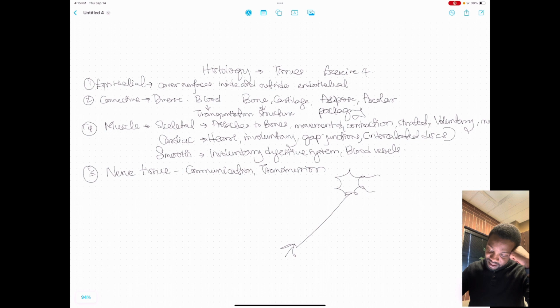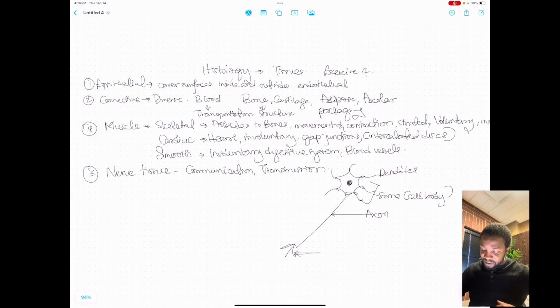You've got the dendrites, which receive information. You've got the soma, which is right here, which is also the cell body. That's where many events are happening. We've got the axon, which transmits information to other neurons, and the axon terminal.